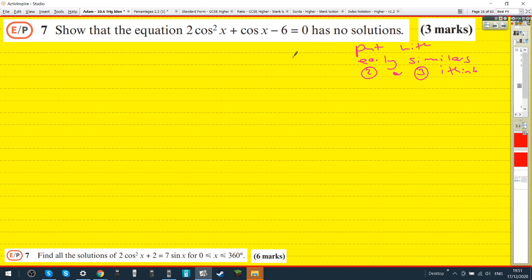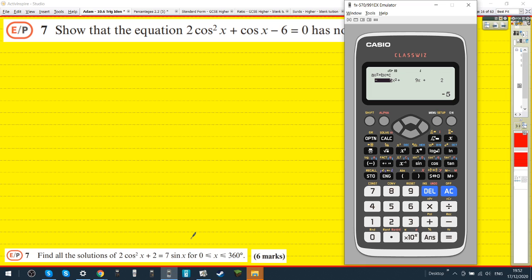A is 2, B is 1, and C is minus 6. Wait. What does it say? It says X is 3 over 2 and X is minus 2. Yeah? Oh, it's minus 6.